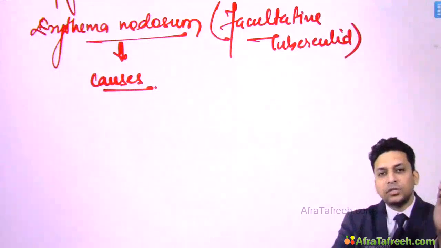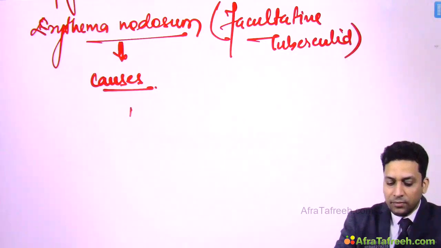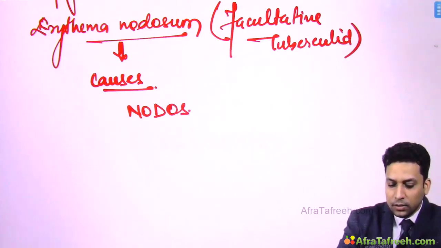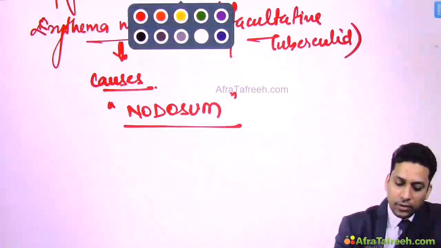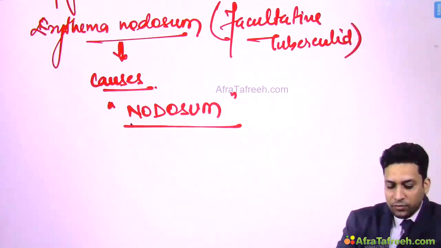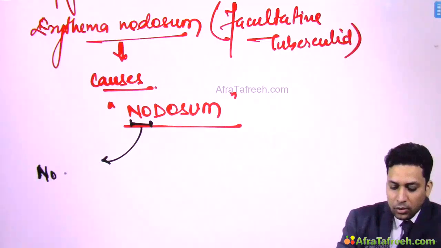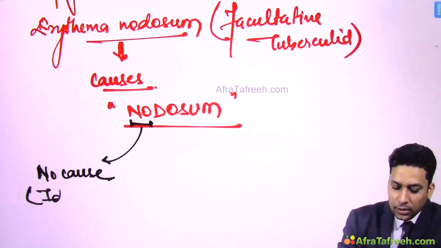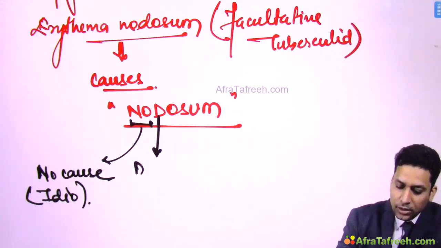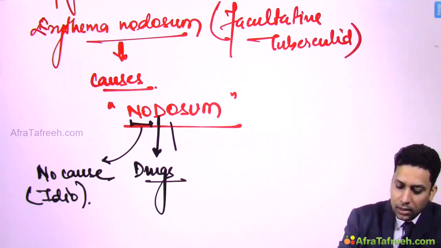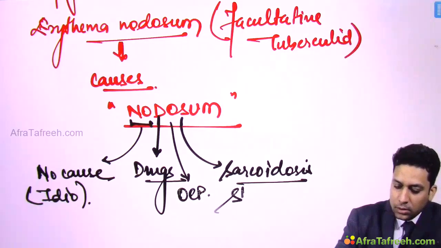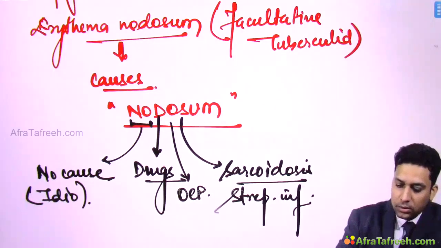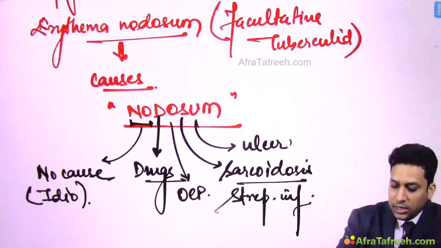and these causes of erythema nodosum are sometimes asked, so you can very easily remember them with the help of this mnemonic, that is NODOSUM. The first cause is no cause, that is idiopathic. It can be due to drugs like oral contraceptive pills, associated with sarcoidosis, streptococcal infection, might be associated with ulcerative colitis.